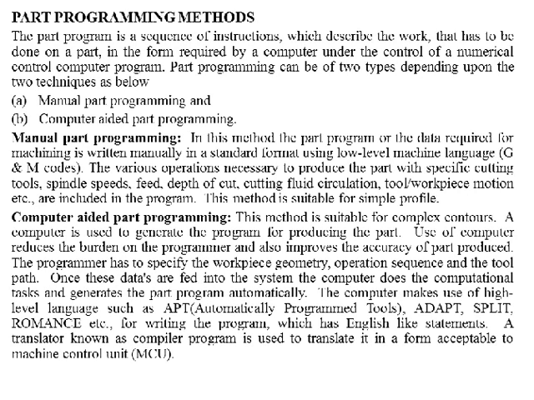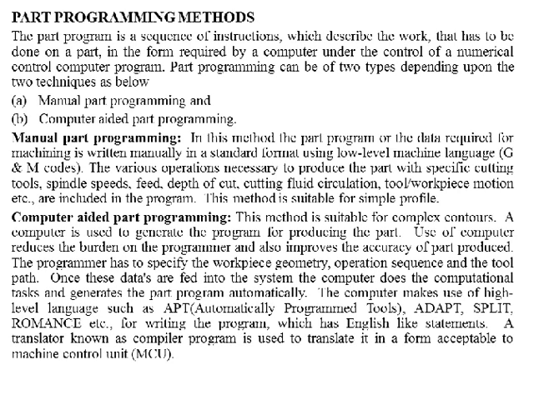Such systems make use of high level languages such as APT, also known as Automatically Programmed Tools. They also make use of other high level languages such as ADAPT, SPLIT, ROMANCE, etc. These are the high level languages that are used to write the part program.